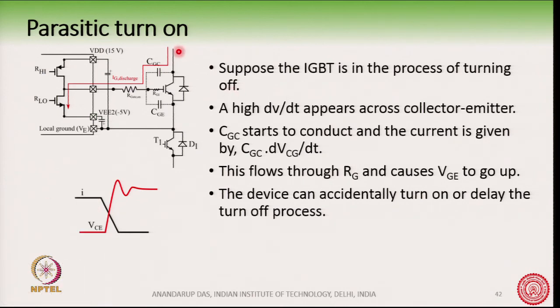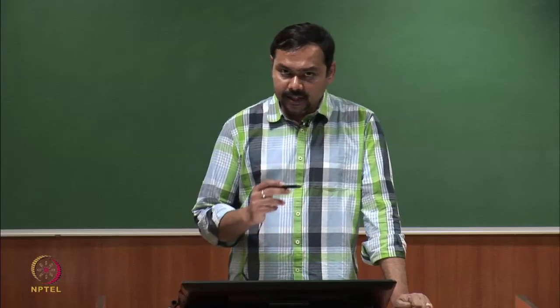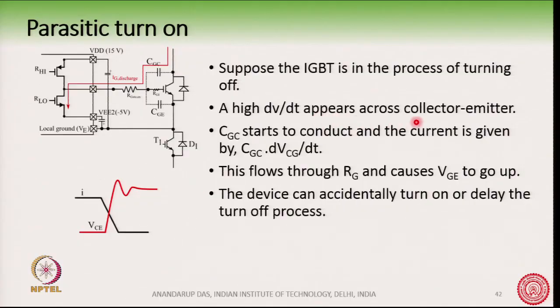It is in the process of turning off, then what is happening? Because this is in the process of turning off, this voltage here is going to the blocking voltage, it is rising up to the blocking voltage, and hence a high dV/dt will appear across the collector emitter.